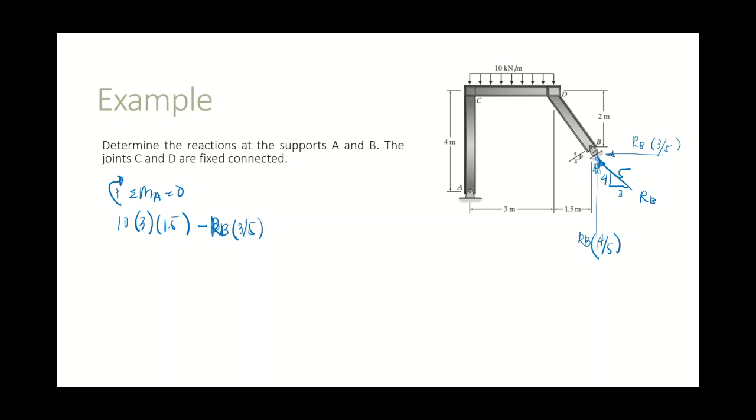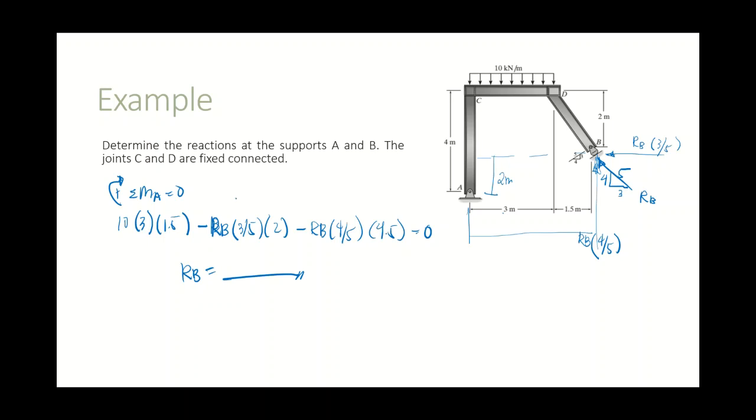Its moment arm is 2 minus 4. So, this distance is equal to 2 meters times 2. RB times 4 over 5 is also counterclockwise. So, minus RB times 4 over 5. Its distance is this, which is 3 times 1.5. This will give us the value of your RB.